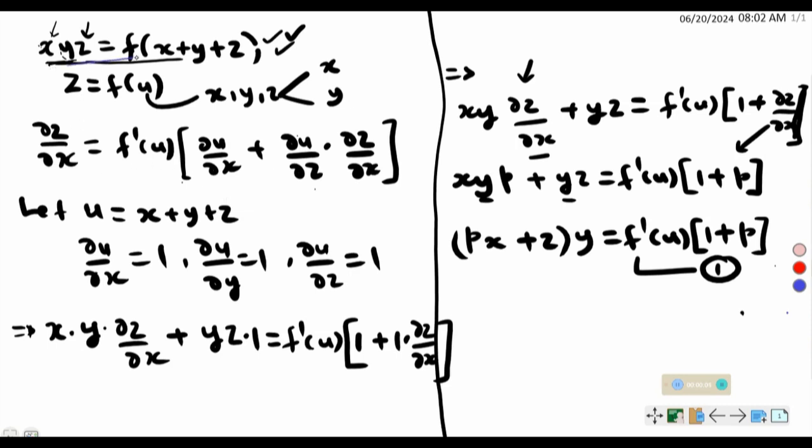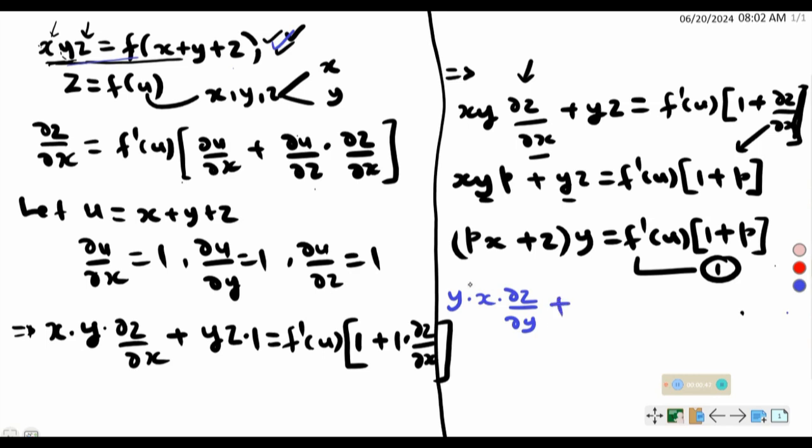Next, let us also differentiate the same expression with respect to y, following the same procedure. So y and z will be in product form, and we shall use the product rule as we have done here. Let us take xz as one function and y as another. We maintain y and differentiate xz, so we maintain x and have del z del y.